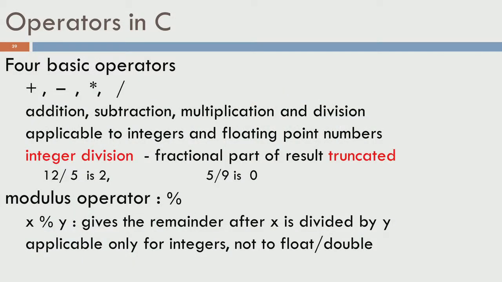This is for integers. Of course, for floating point numbers a percentage b does not make sense. You can take any floating point number, divide by another floating point number, and you can always get a quotient with the modulo being 0. This is called the modulo operator because it finds out the remainder. Percentage is defined only for integers, it is not defined for floating point.